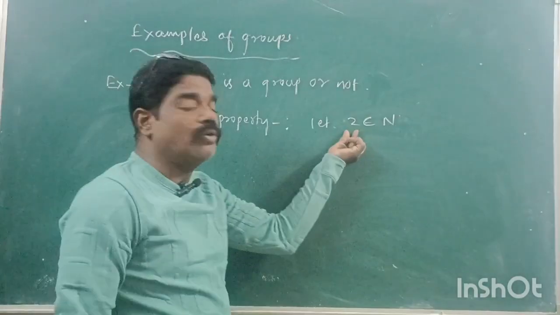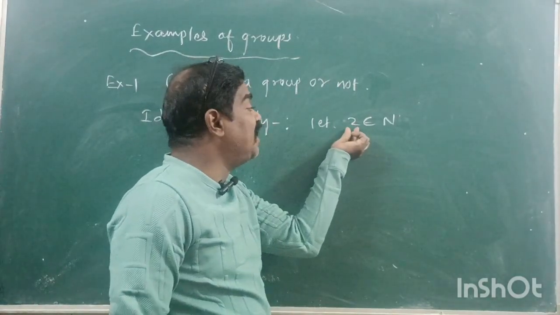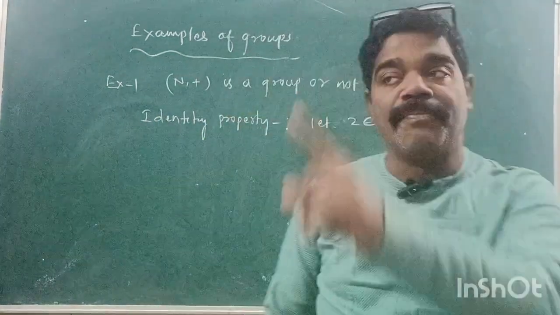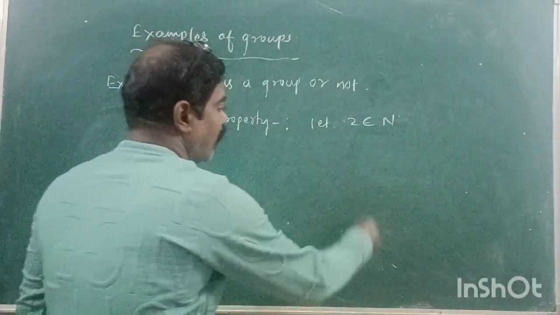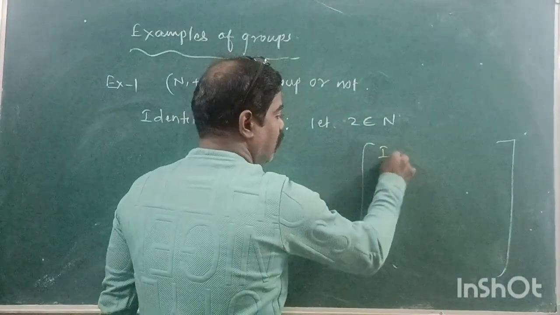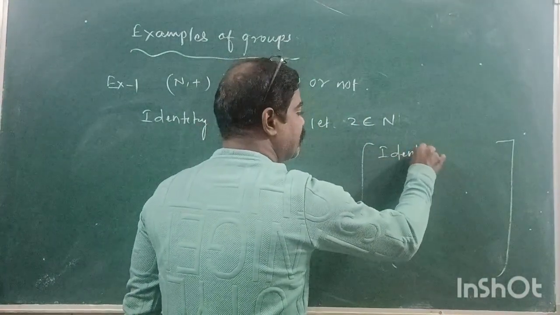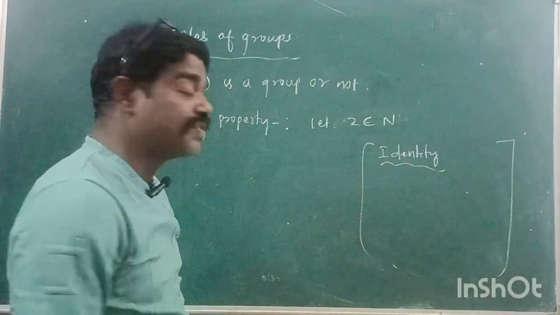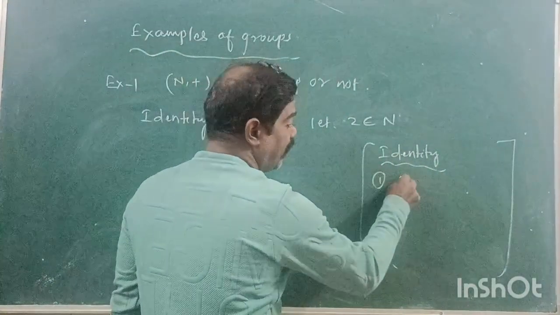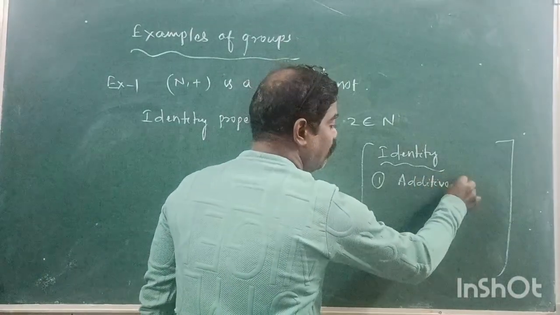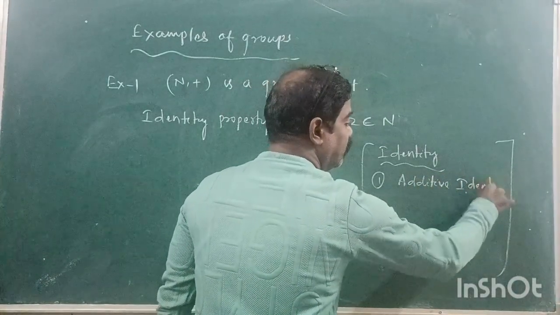For 2, what is the identity element of 2? Remember here, very, very important. You have to remember this condition. There are 2 identity elements. Number 1, additive identity.